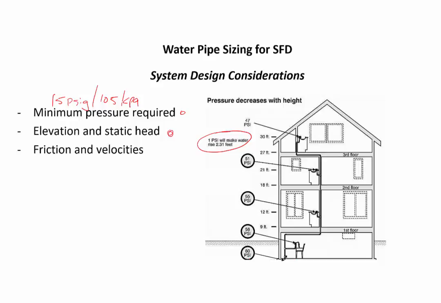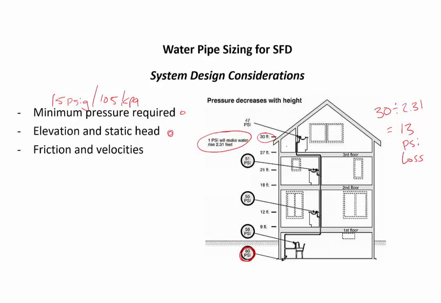In this case, we're showing an example where at the building supply we have a pressure of 60 psi and we're trying to overcome 30 feet of elevation. So if you take 30 feet and divide it by 2.31, which is the feet of head per psi, that comes to approximately 13 psi loss.